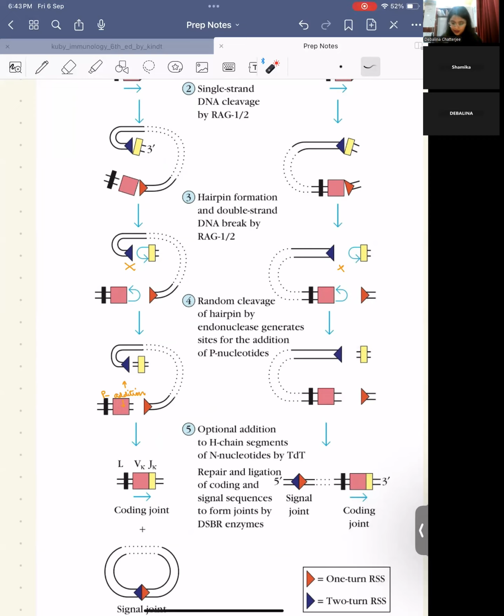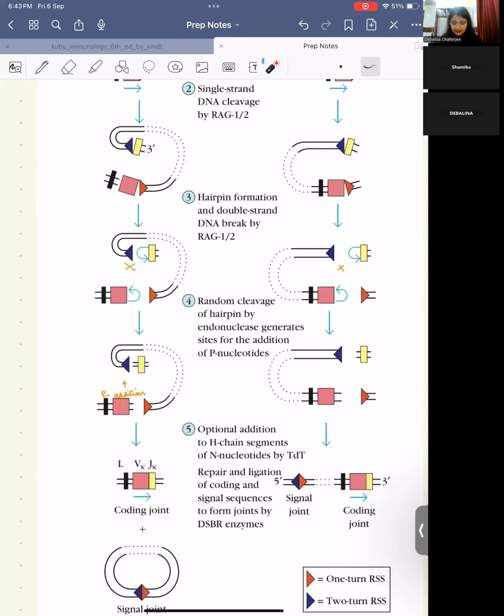The only difference now, if you see, is that when this cleavage has been made, we have one signal sequence and the other signal sequence along with this entire intervening DNA region. They are all together.